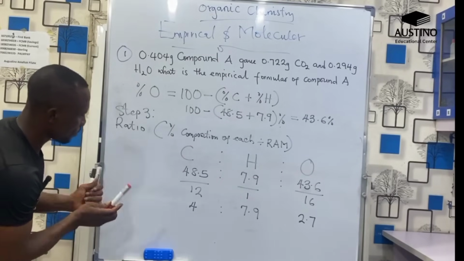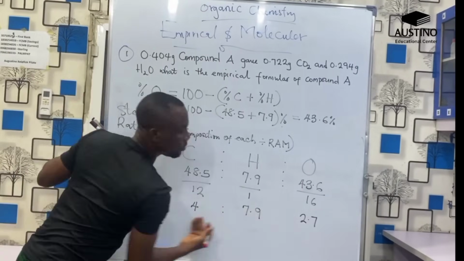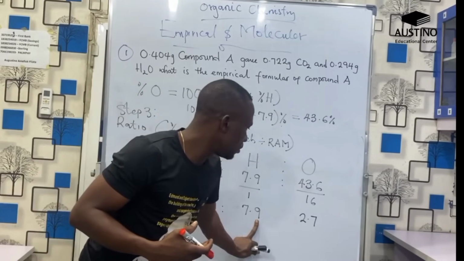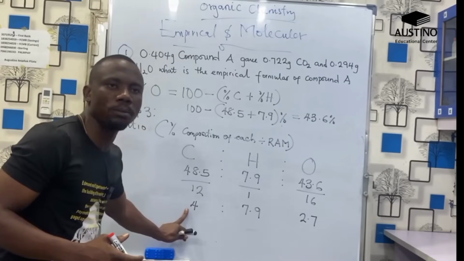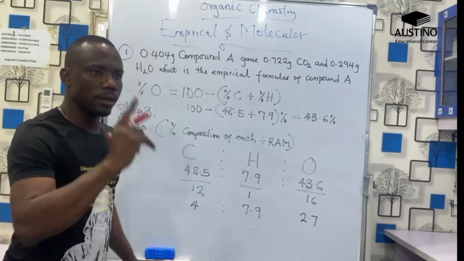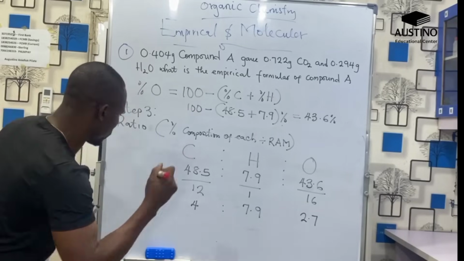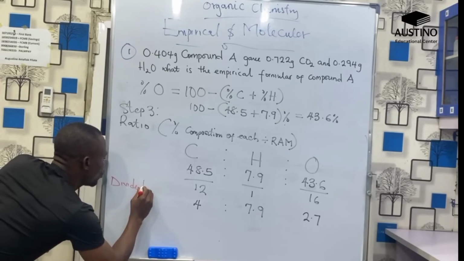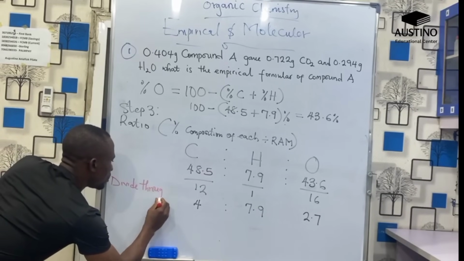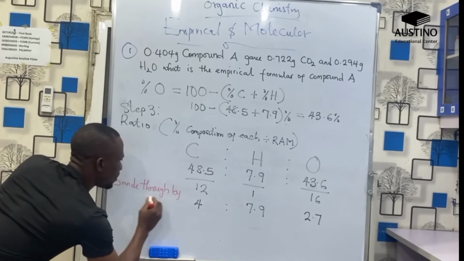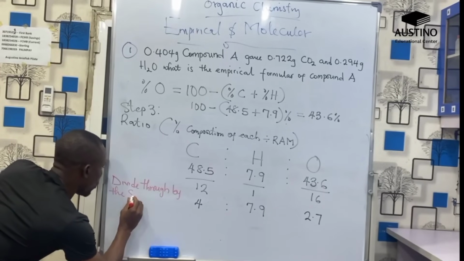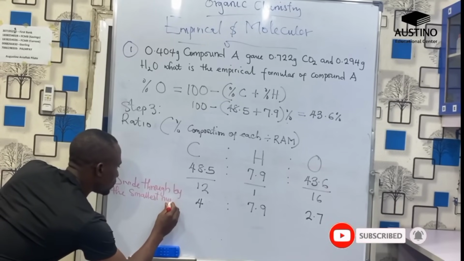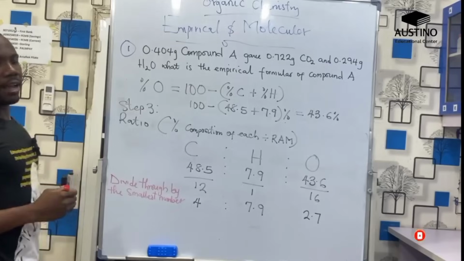Very importantly, at this junction, you can see we have fractions throughout. There's a fraction there, 7.9, 2.7 fraction. Just one whole number. Step 1: first of all, you must divide through by the smallest number.